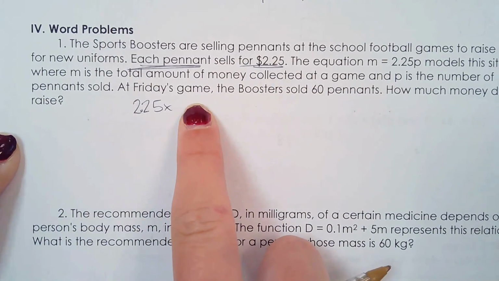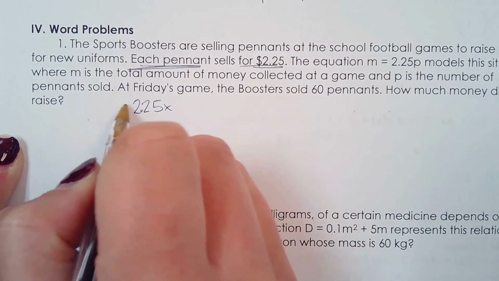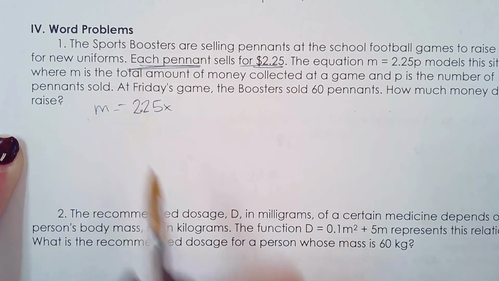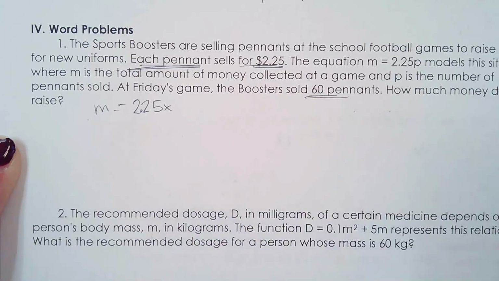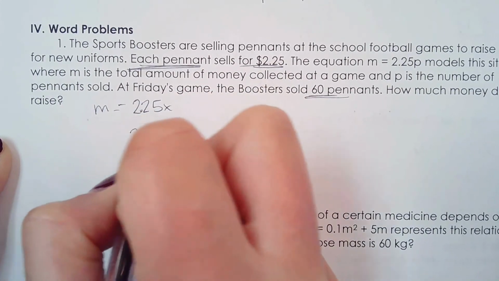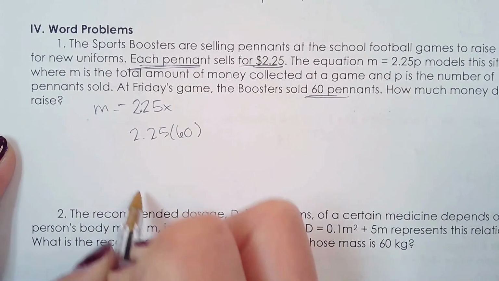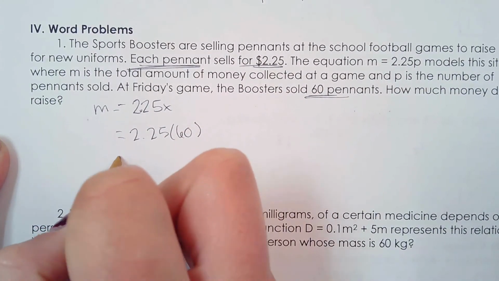So at Friday's game, the boosters sold 60 pennants. How much money did they raise? You're plugging in 60 for P, right? That's all. So we'll do 2.25 times 60, and that'll be our answer. 135.